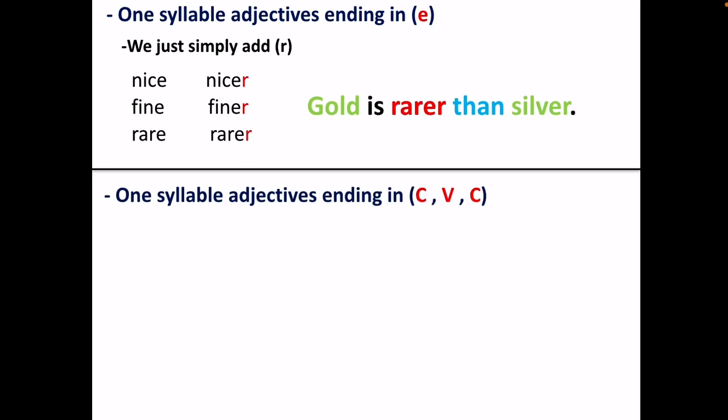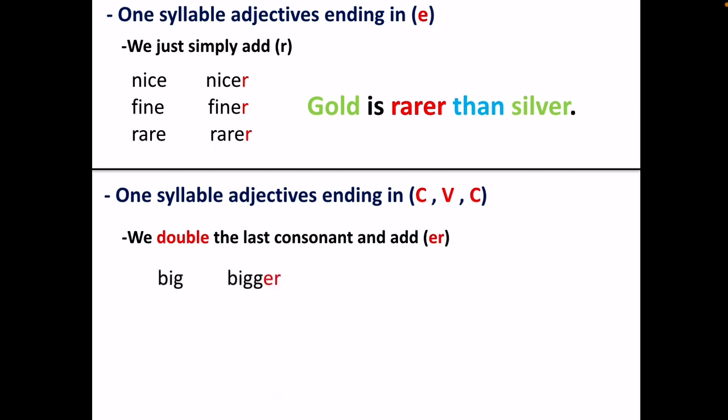If I have a one syllable adjective ending in consonant, vowel, consonant, meaning the last three letters are consonant, vowel, consonant, in this case we are going to double the consonant and add er. We take the last letter, the consonant, double it, and then add er.